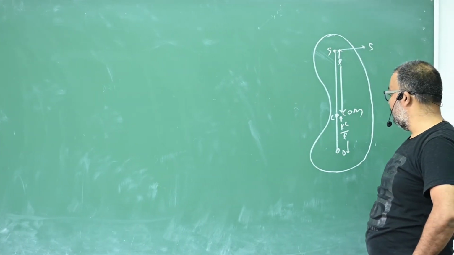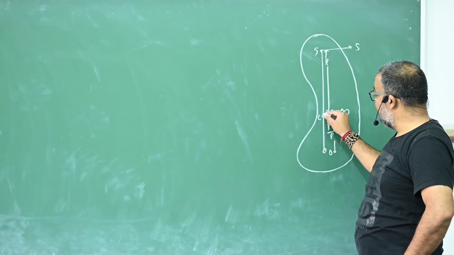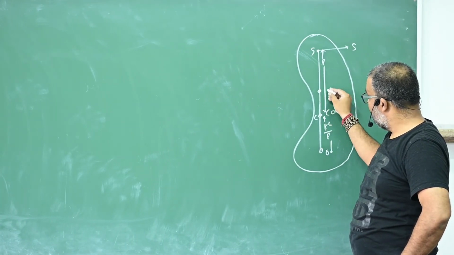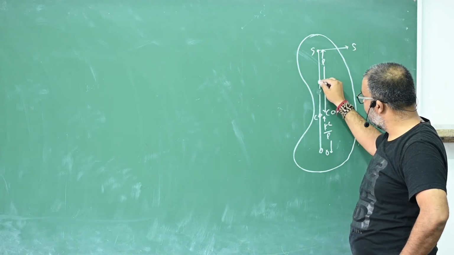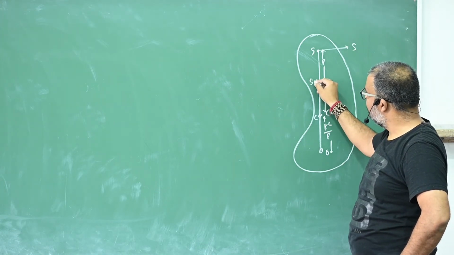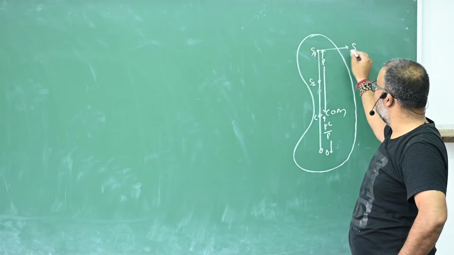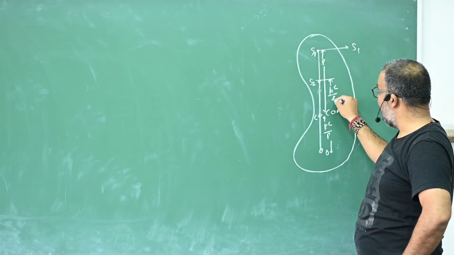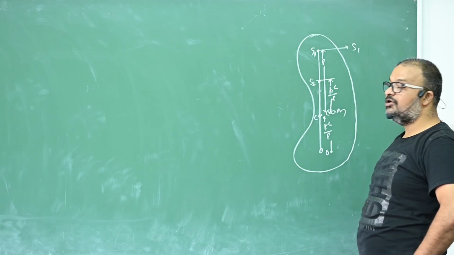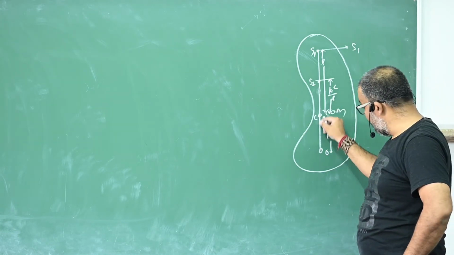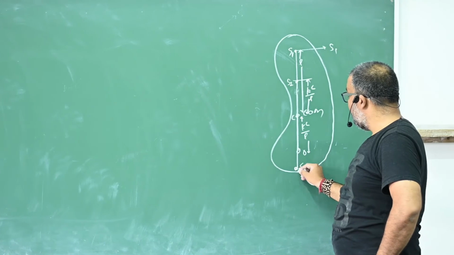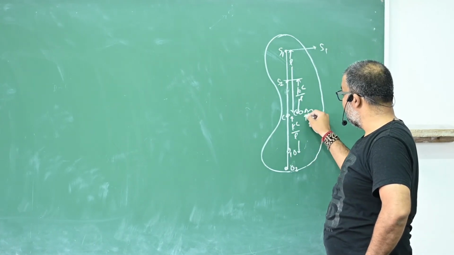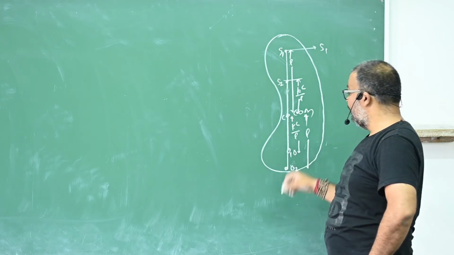One more thing we have to understand: there will be one more point. Let's say this point is S1, and S2 is at a distance K square by L from the center of mass. And there will be one more point, O2. This is O1 and this is O2, at a distance small l from the center of mass.